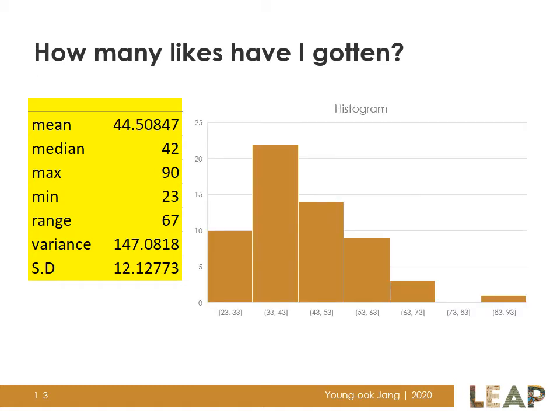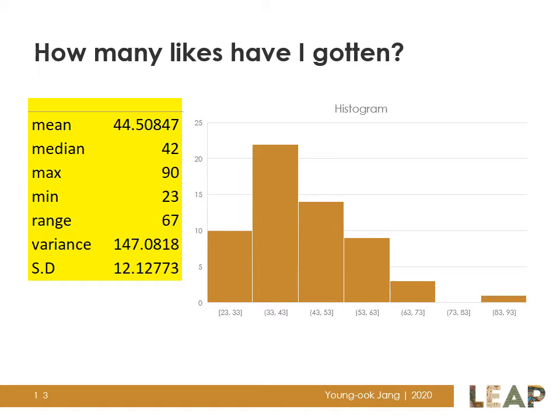So this is the histogram. I have several intervals of the number of likes. From 23 to 33, I got 10 postings. From 33 to 43, I got about 22 postings, okay? When you draw this histogram, you set the median value at the center and see the distribution.